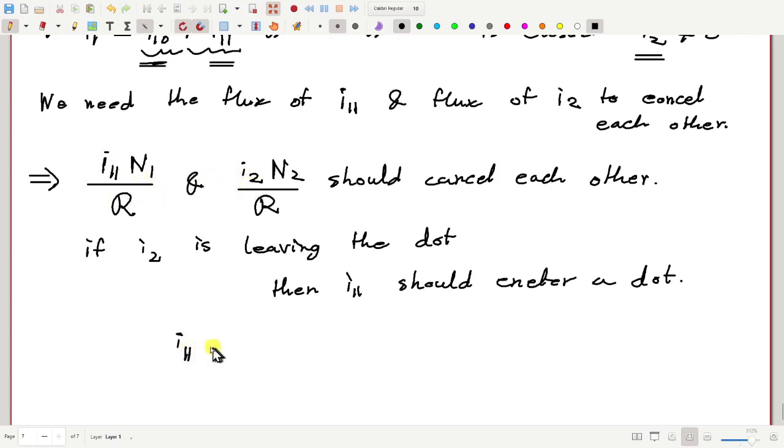So we also need that I11 and these are the same. So this equals I2 by this, and this R you can get rid of, they are common. So we need these two to be equal.